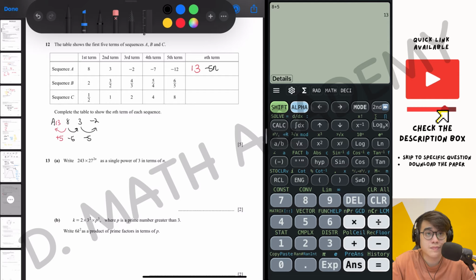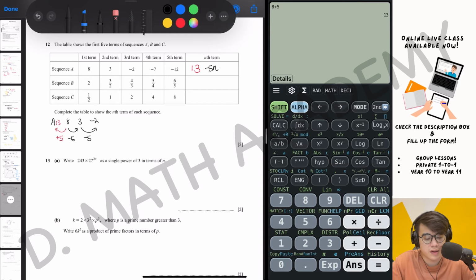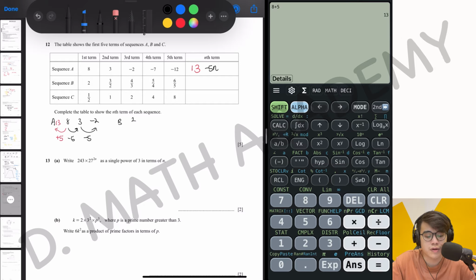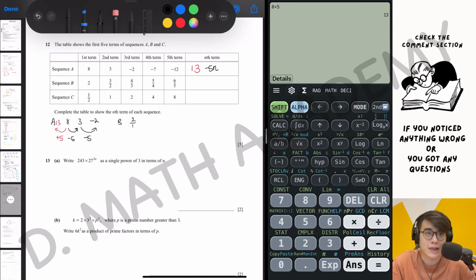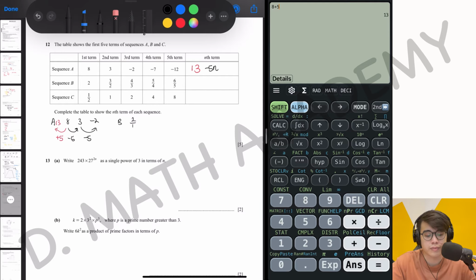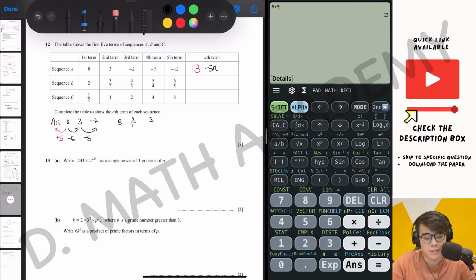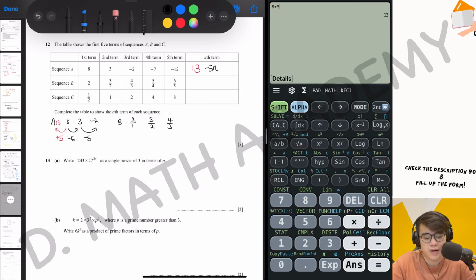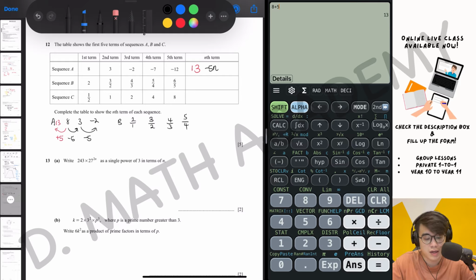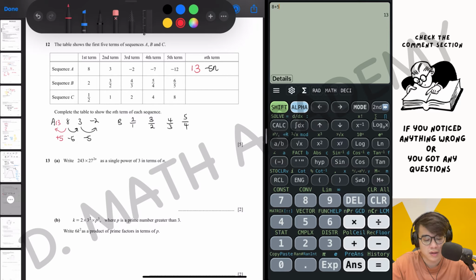Okay, for sequence B, however, it looks like a trap here because for the whole number 2 at the front, you can write it as 2 over 1. Because any whole number has a denominator of 1 here. Then it becomes 3 over 2, then it becomes 4 over 3, then it becomes 5 over 4. So every time it shifts, the numerator increases by 1.